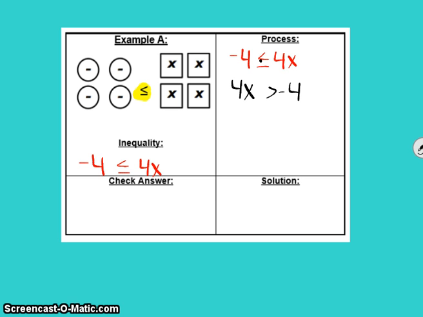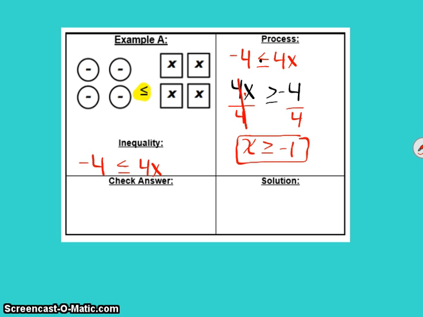So I actually need to switch that sign if I'm going to switch my inequality around, which I do suggest. So in order for me to solve this, this is a one-step equation. What I know is in between this 4 and this x is multiplication. And the opposite of multiplication is division. So I want to divide on both sides. So I know x is greater than or equal to -4 divided by 4, which is -1.